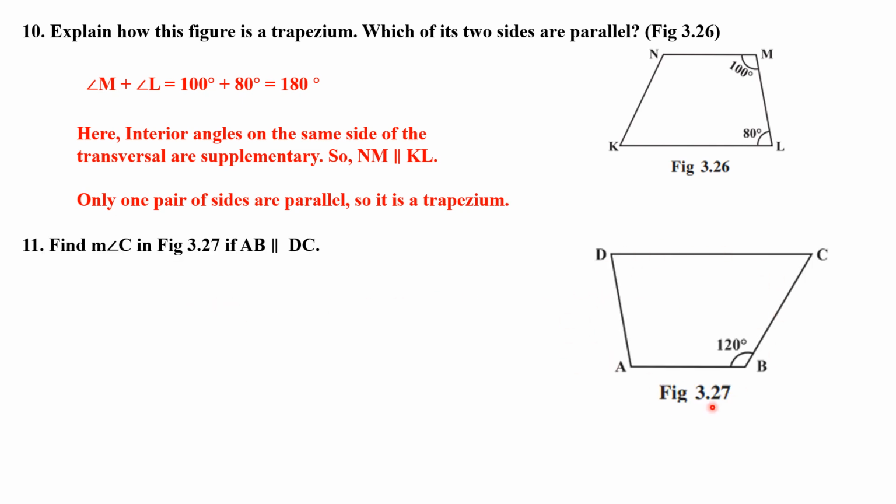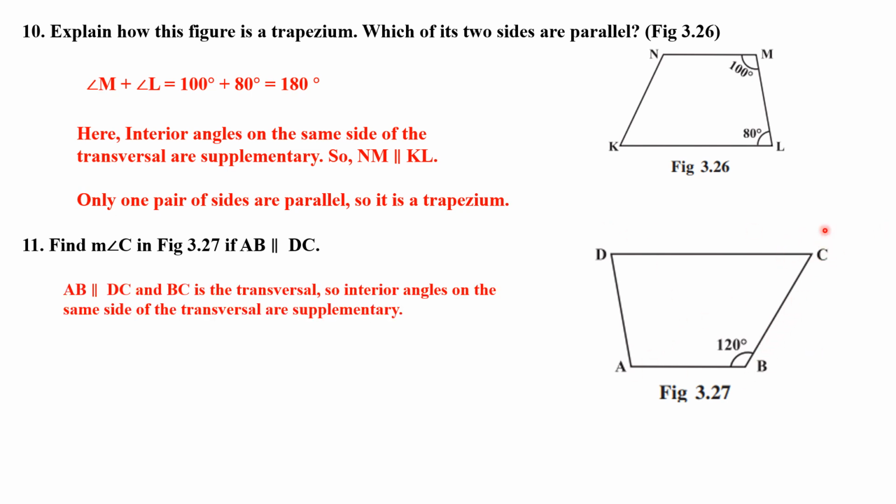Now this is the figure given here and you have to find the measure of angle C, and the condition given is AB is parallel to DC. So if AB is parallel to DC and I take BC as my transversal, then interior angles on the same side of the transversal will be supplementary. So I can write angle B plus angle C equals 180 degrees.